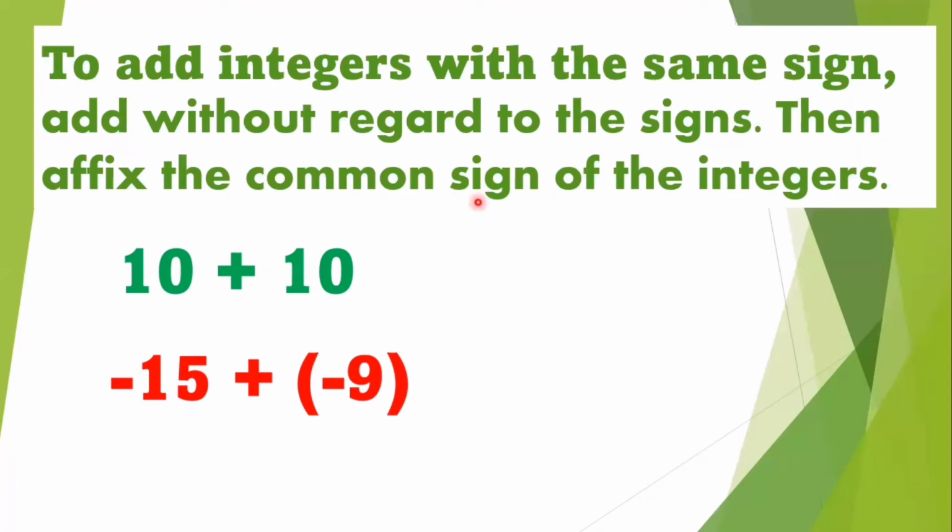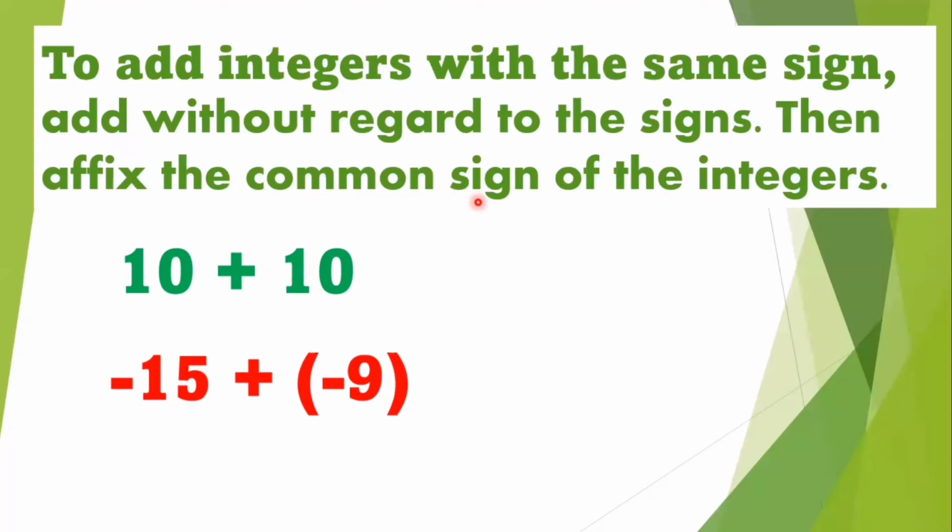I-add daw natin ang mga numbers in its natural form. Huwag muna natin pakailaman ang kanilang mga sign. At kapag na-add na sila in its natural form, kukopyahin na lang natin ang kanilang parehong sign.